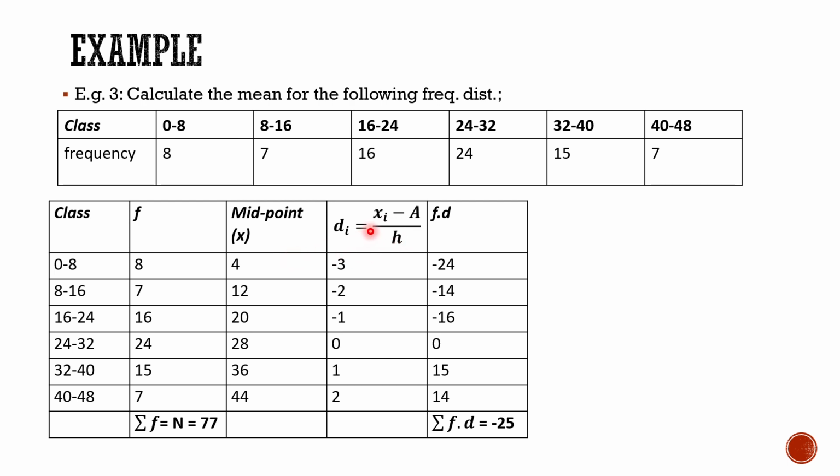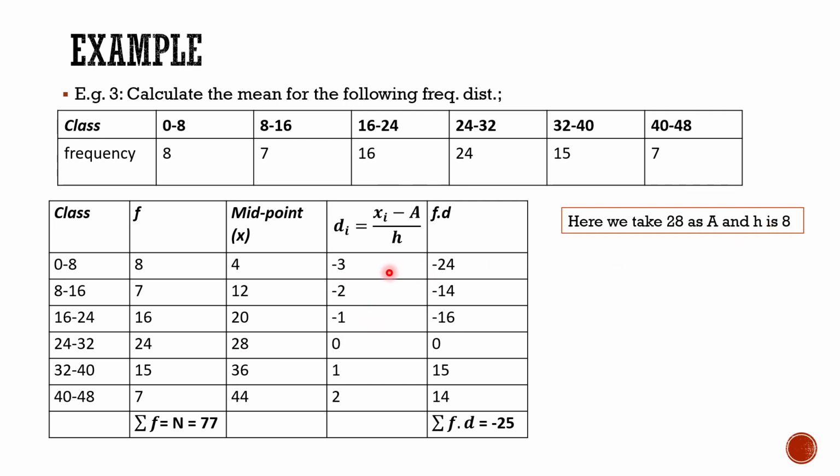First we have to decide what should be this a, and for that we take a as 28, chosen from these midpoints arbitrarily. We're taking 28 so that the calculations can be reduced, and here h is 8.